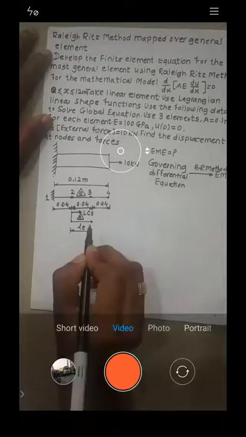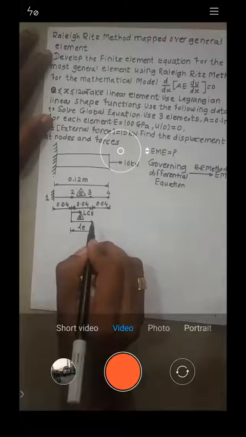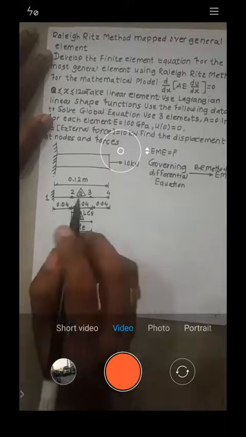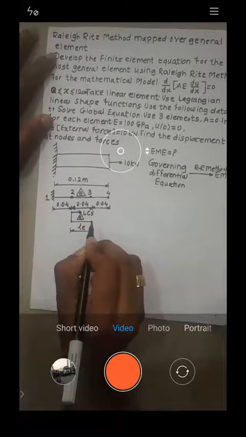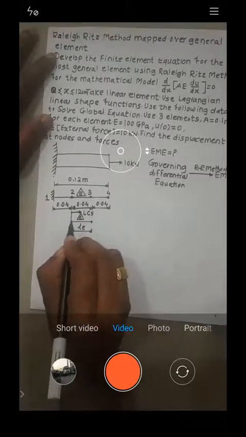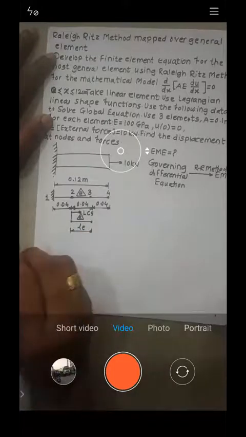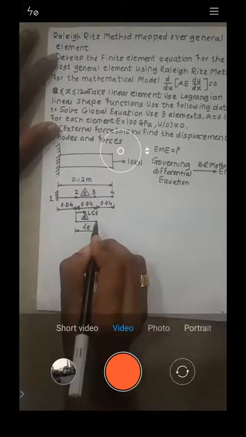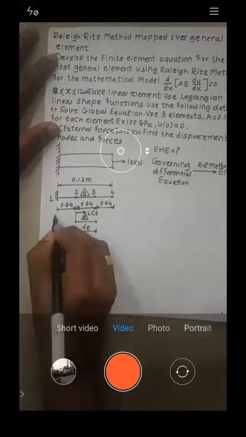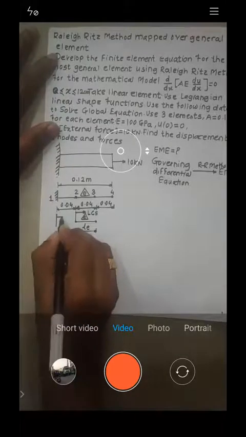Because if I ask the location of this node with respect to this node within the element, it is local. But if I ask the location of this node with respect to a point outside, it is called global. Understood?